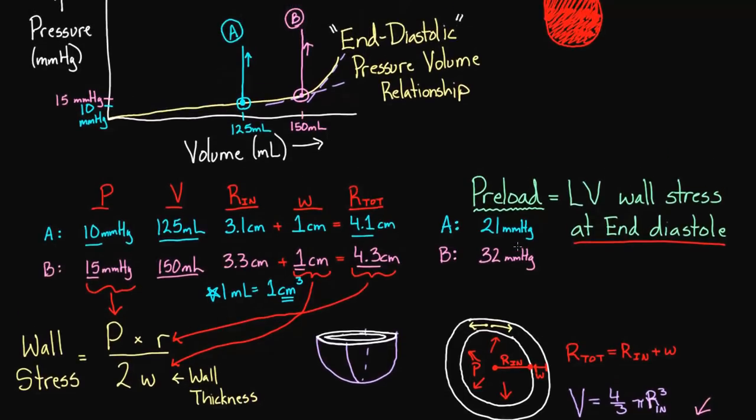That is your preload. And of course, it takes into account things like pressure and volume. You can now say to someone, we went from a preload of 21 millimeters of mercury right here to a preload of 32 millimeters of mercury right here. And that's a very rarely done calculation, but I think a very valuable one.